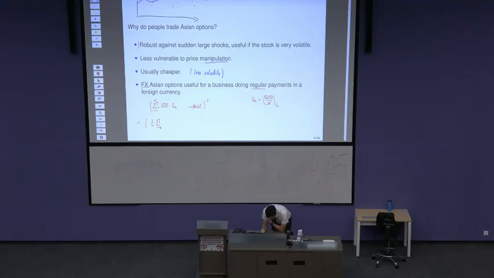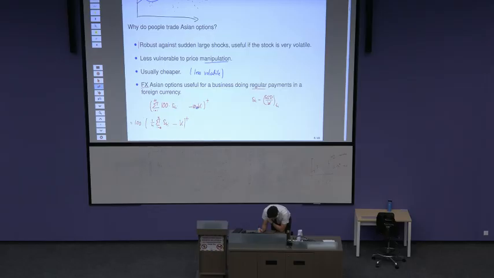So I start with the sum from 1 to n of S_ti, and in order to get this, I need to multiply in front of that with 100, and so this is not the right thing to do, minus K, and this only is correct if I start differently, right?